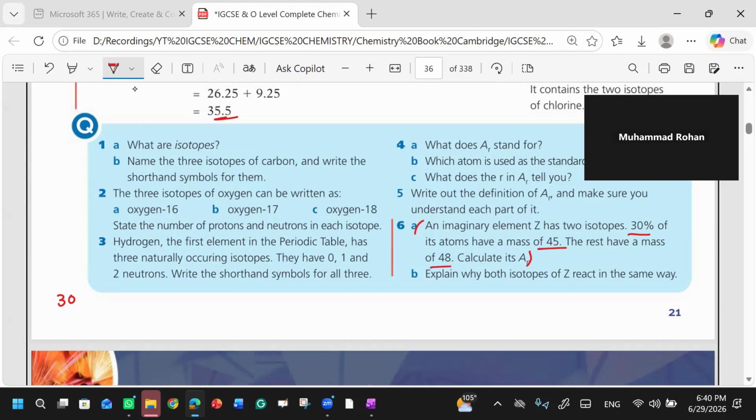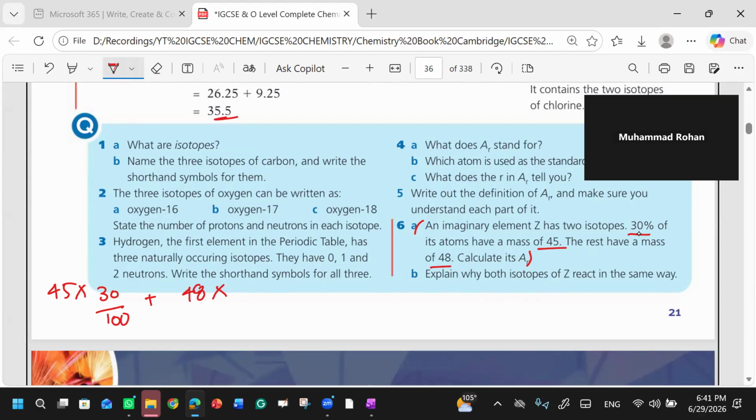45. Okay. That is 45 into 30%, so 30 divided by 100, right? Plus 48 times, not 30. They are saying the rest have a mass of 48. I told you the total will be 100 molecules.